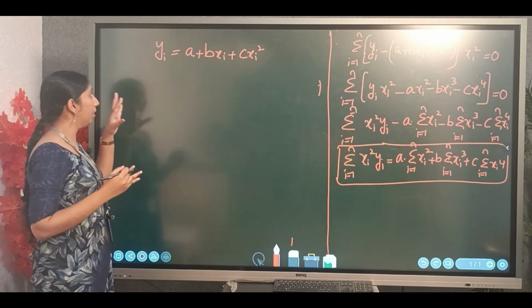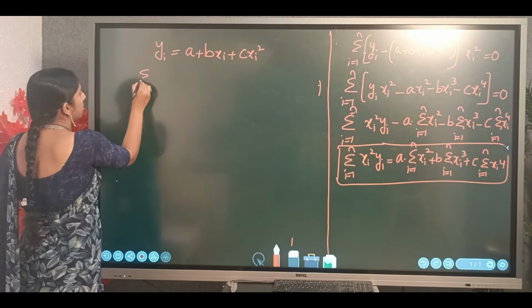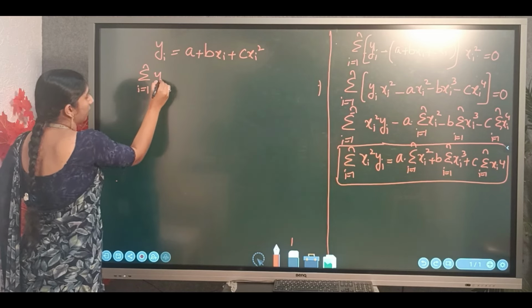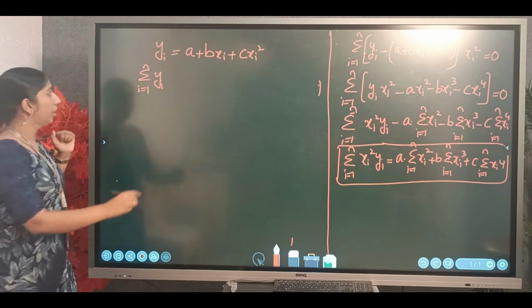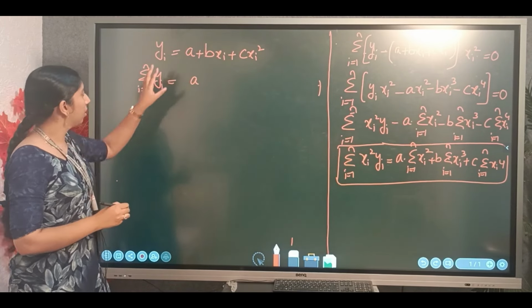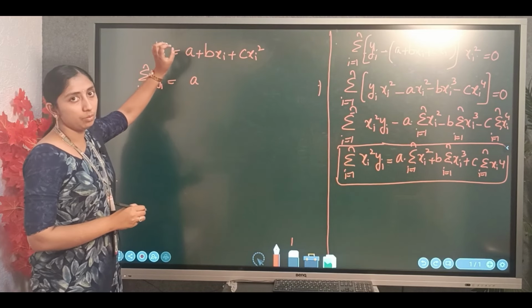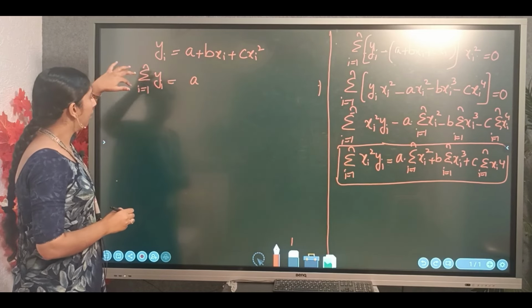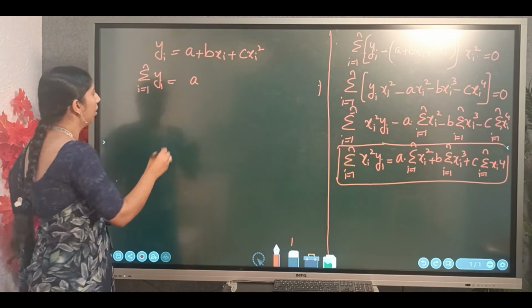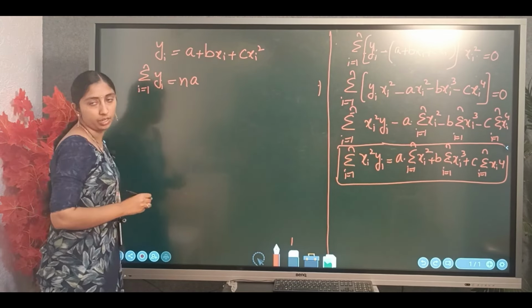But how we have to remember is, you simply apply summation on both sides, i equals 1 to n. Here a is constant, that means a into 1. When we apply summation for the term 1, we simply get na.